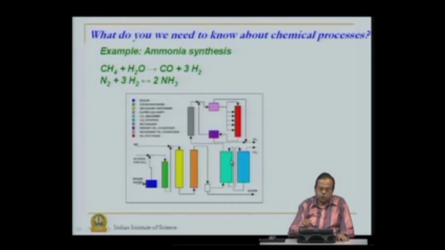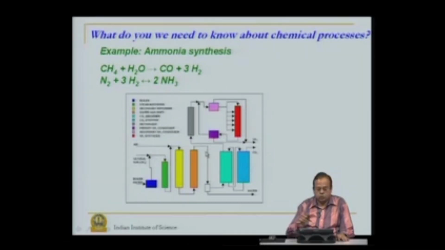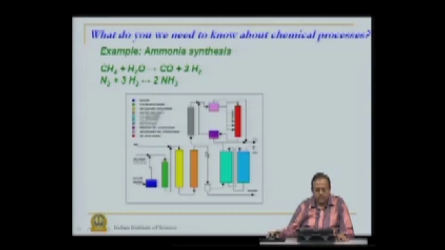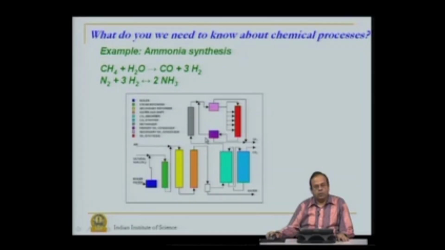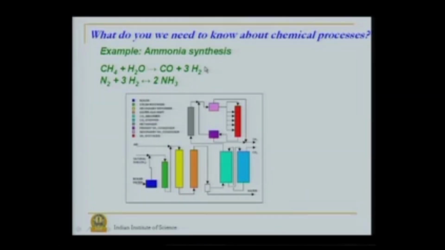So, process intensification, for example, will have to consider all this together. So, we have multiple reactions taking place in our reactors. Not only that, in a chemical plant per se, there are multiple reactors which are operating, which have to be suitably designed.